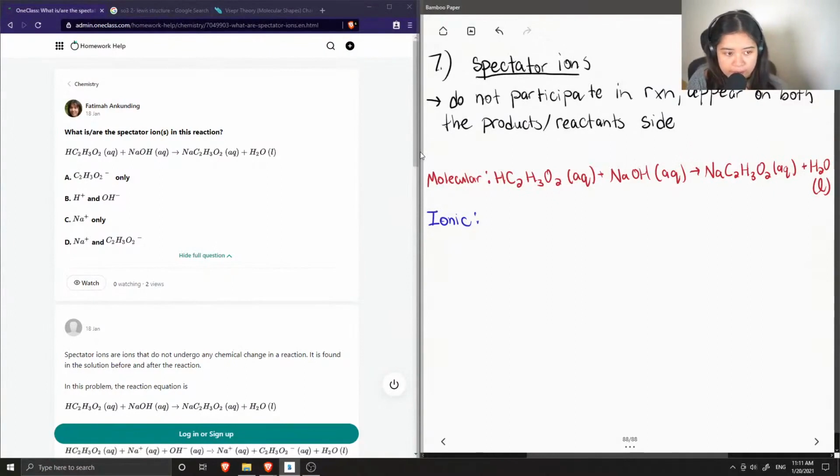So breaking up our first compound would be H plus, the acetate ion, and then breaking up sodium hydroxide into its ions, Na plus aqueous plus OH minus.